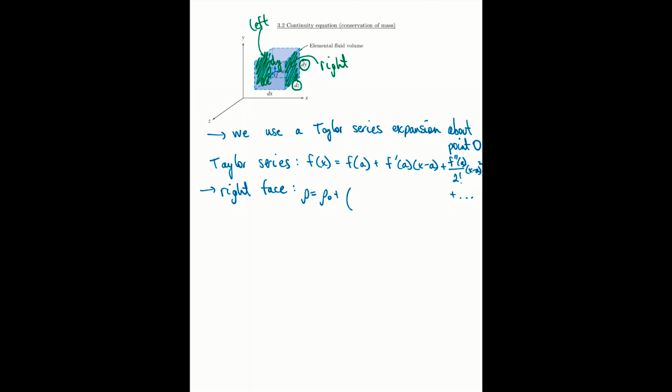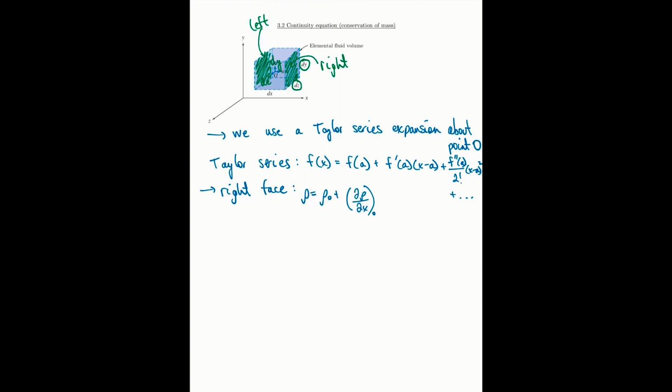So ∂ρ/∂x at 0.0, because that's at a there. And now it says x minus a. So what that's saying is the distance you've traveled from point O. So point O is in the middle of our cube.